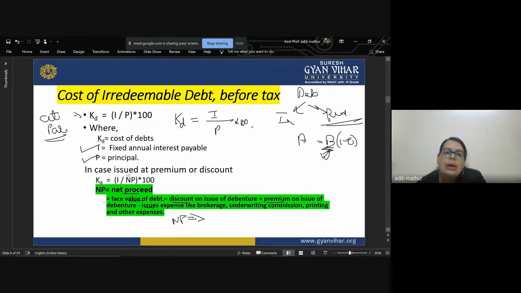So in the case of calculating KD when they are irredeemable and that too before tax, you need to have interest and you will divide it by net proceed because it is the case of discount or premium, and then multiply it by 100, right? So a small formula to calculate the cost of irredeemable debentures before tax.